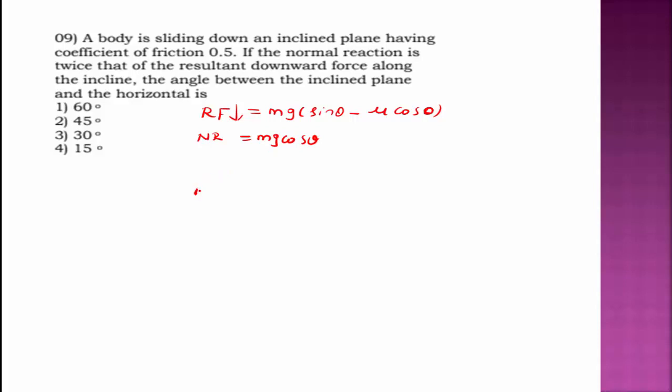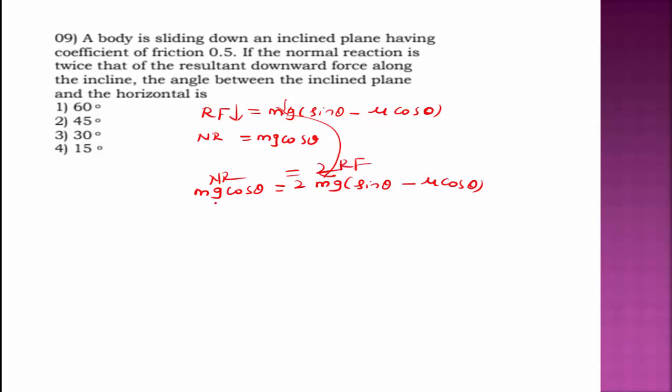Here mg cos theta is equal to 2 mg into (sin theta minus mu cos theta), because the normal reaction is twice of the resultant downward force.